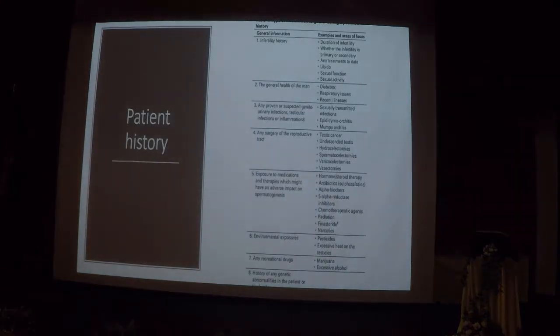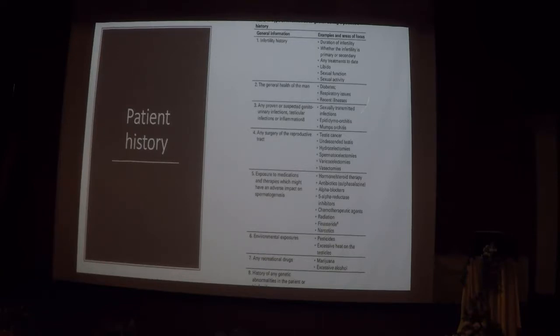So when the patient comes to you with azoospermia, medical school teaches us to first get the history. How long have they been trying to get pregnant, whether he has previous children from a different partner, is there any problem of libido, and how's the sexual activity, how often do you have sexual intercourse with your wife.